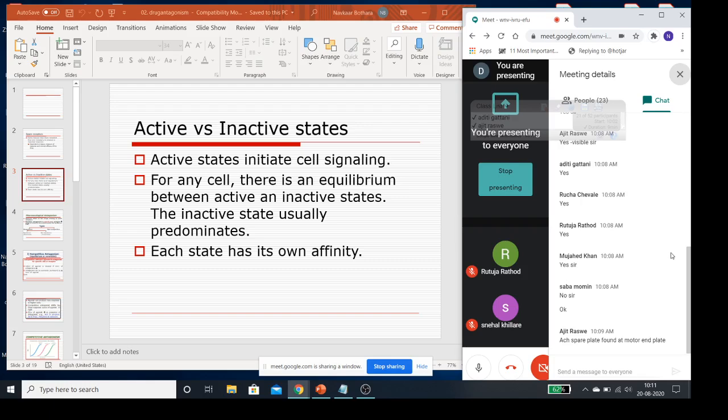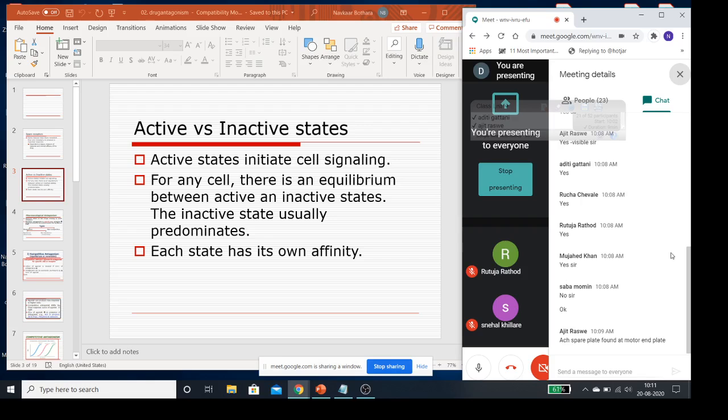Wherever these inactive states are there, there is one concept about this antagonism. Any factor which affects the transition from active to inactive or inactive to active will play an important role. Each state has its own affinity.